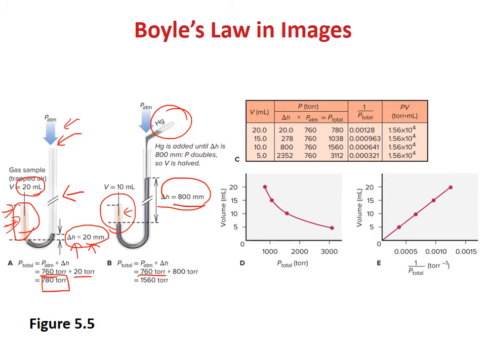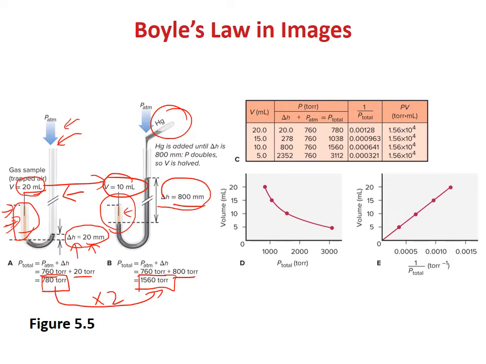So 760 plus 800 gives you 1560 torr. So the pressure changes from 780 to 1560, that's increased twice, and the volume from 20 becomes 10. So increase pressure twice, decrease volume to half of it.